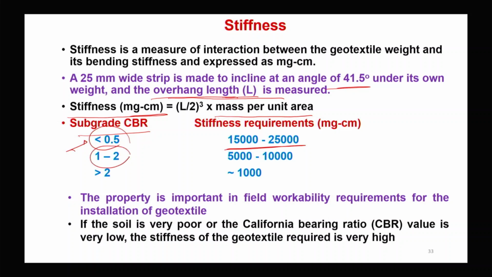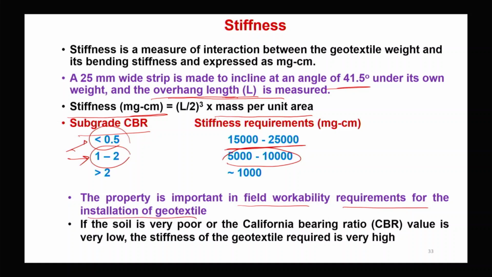And as we increase the soil CBR value, the soil strength, then we need a little bit lower stiffness. So stiffness is actually inversely proportional to the subgrade soil CBR value. So this property is important in the field workability requirement for installation of geotextile. This is very important.